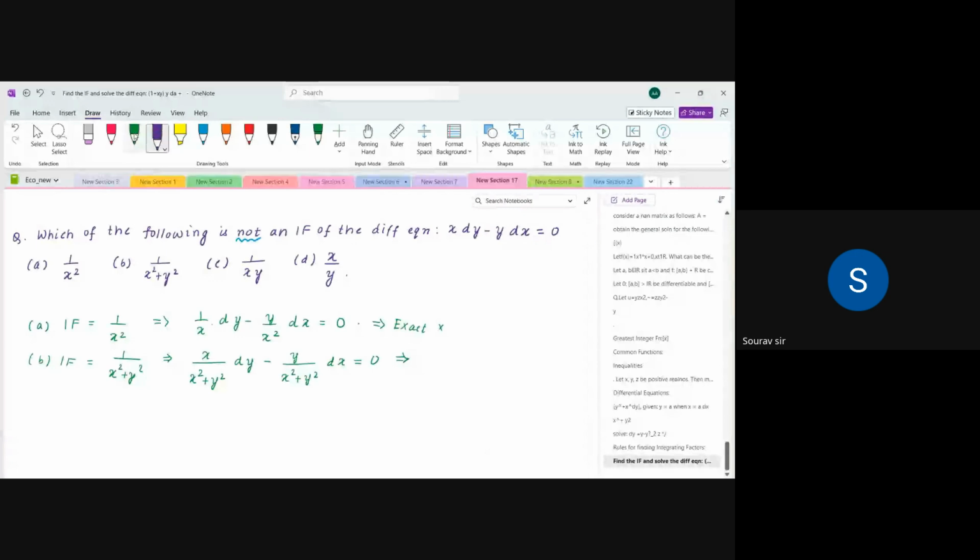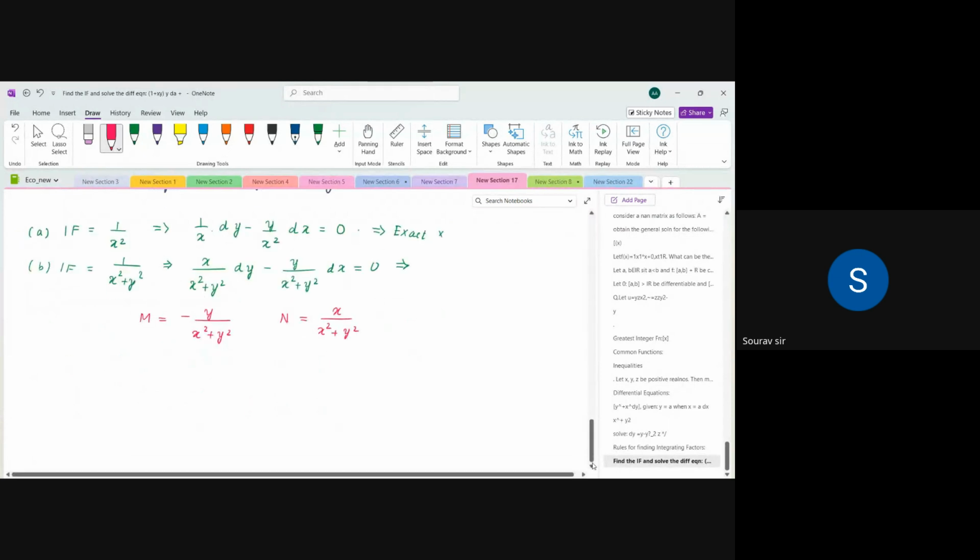So for this question, your M is minus y by x square plus y square, and your N is x by x square plus y square, right?